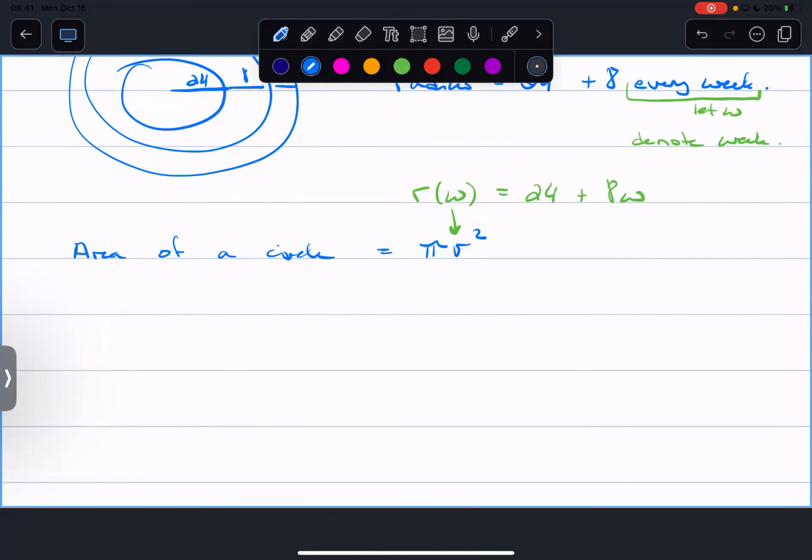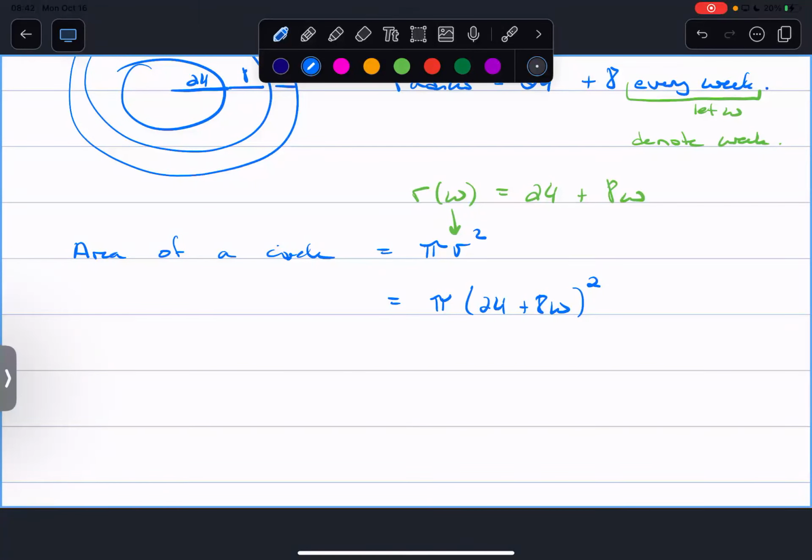So then pi times 24 plus 8w squared. Pi is just a constant, right? So that's just a number.